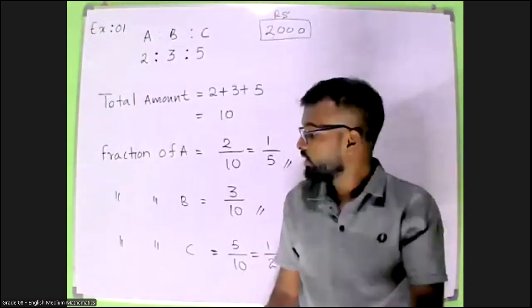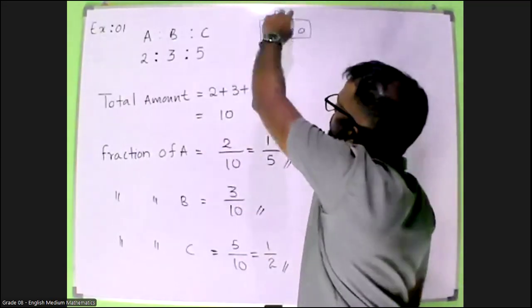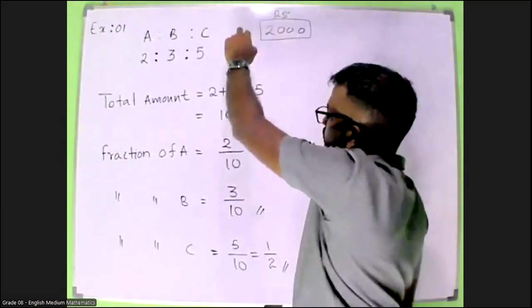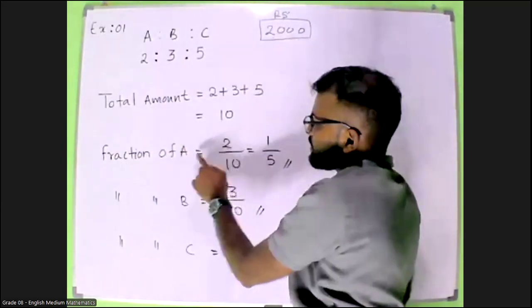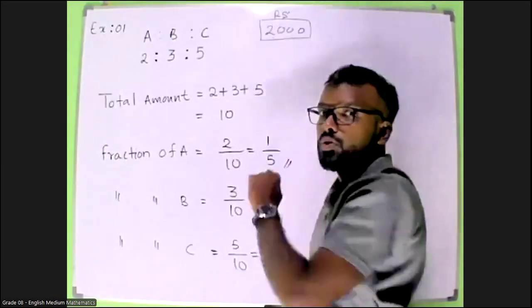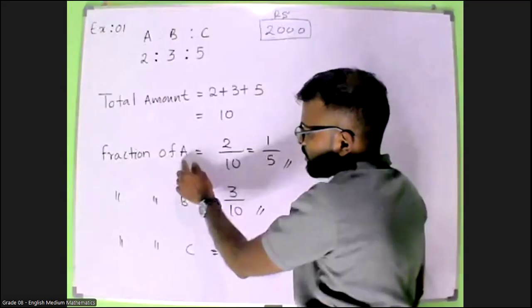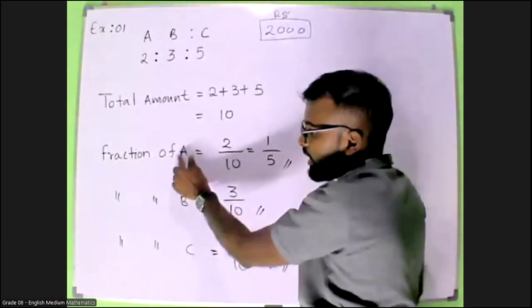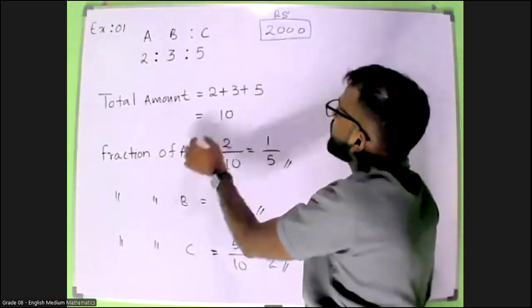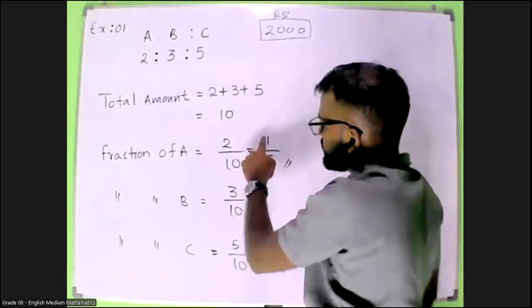How do you find it? This is the total amount of money. You know the fraction of the 2000 rupees that A received, which is 1 upon 5.